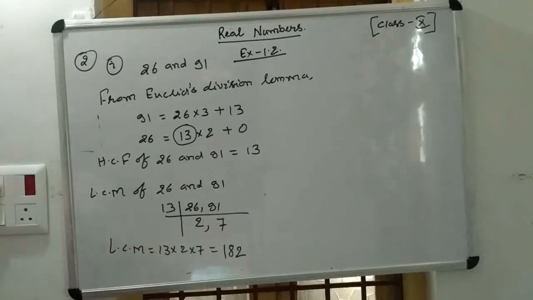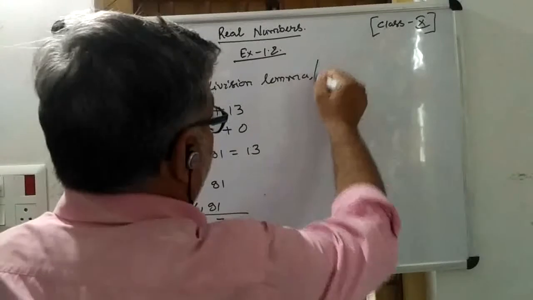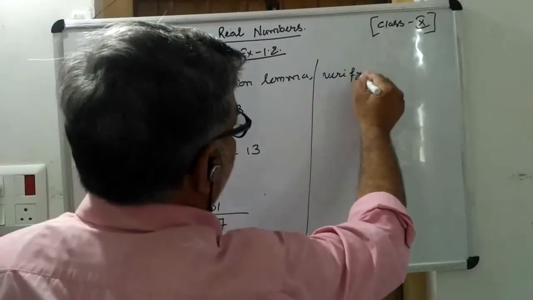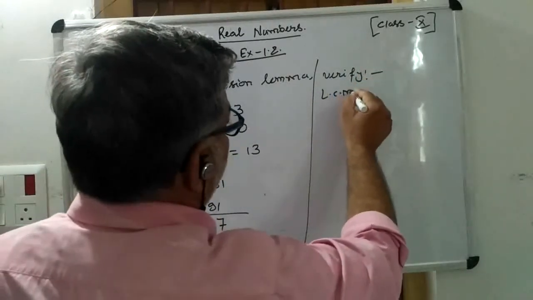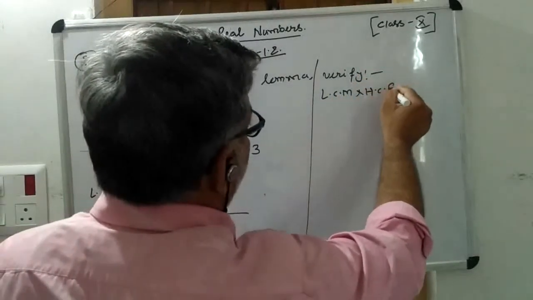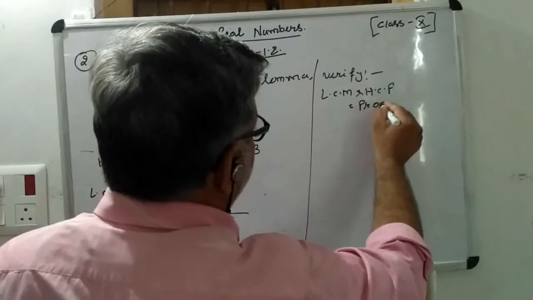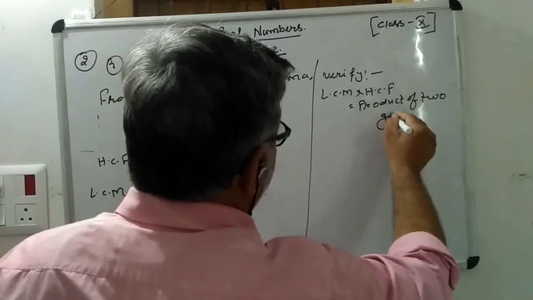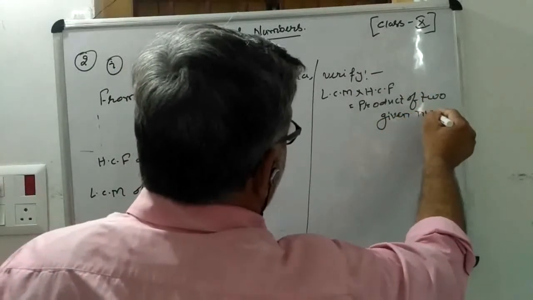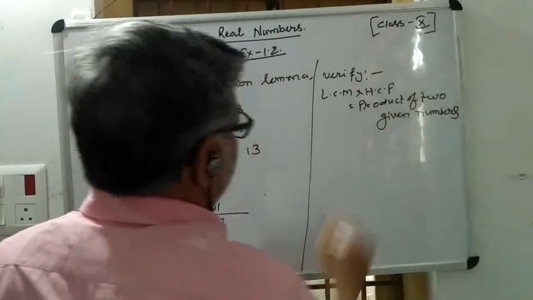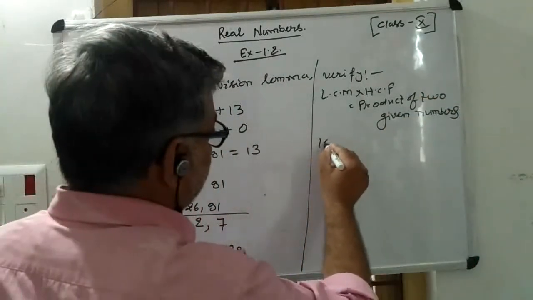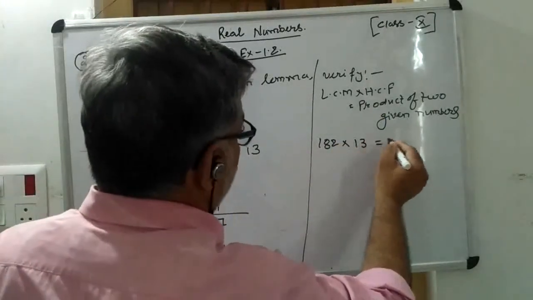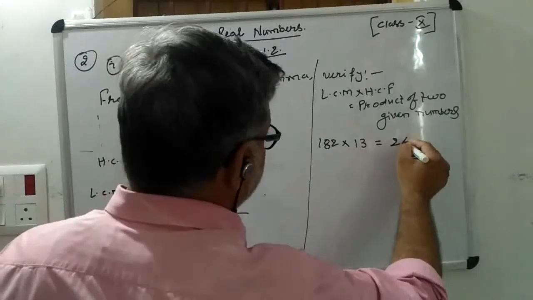Now we need to do the verification. We need to verify that LCM into HCF equals the product of the two given numbers. We have LCM as 182 and HCF as 13, and the two numbers were 26 and 91.